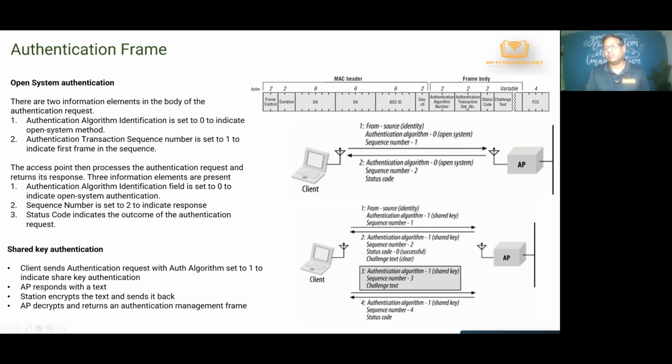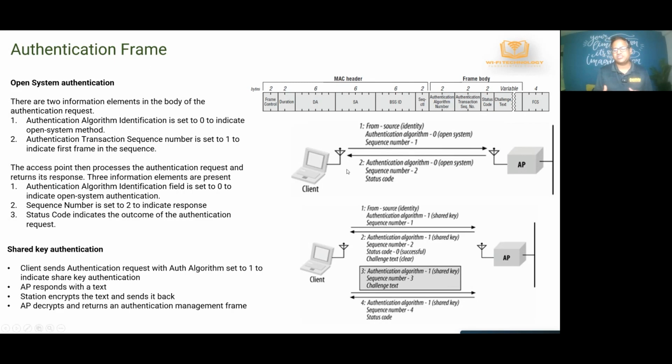And then you also have the transaction sequence number. If you're sending an authentication request, that is sequence number 1. If you're sending an authentication response, then that is sequence number 2. So that's what these fields represent. And then there is the status code inside the frame body. The status code will tell you if the authentication was successful or it failed, right? So those are some of the information in the authentication frames.